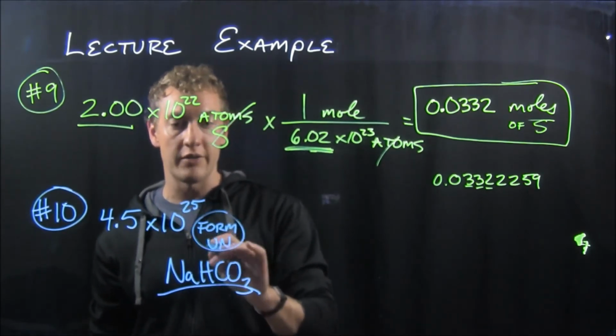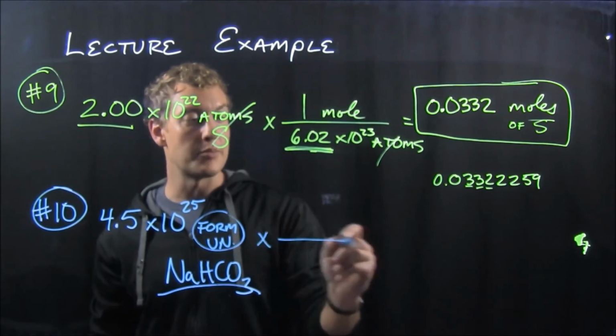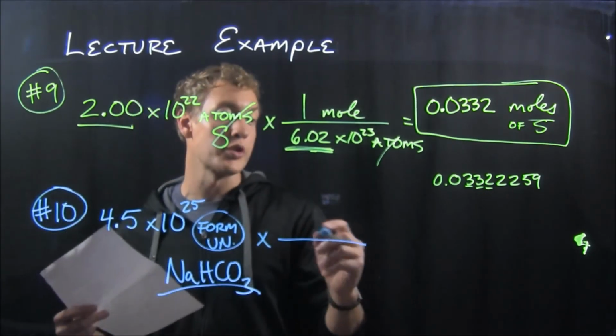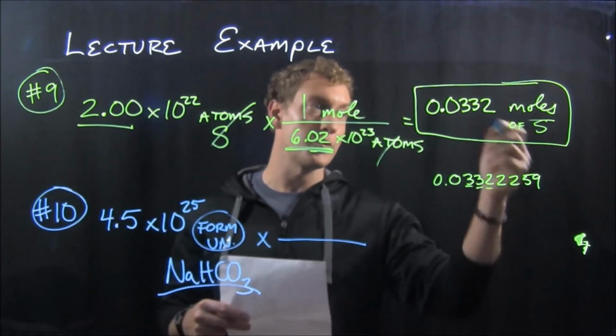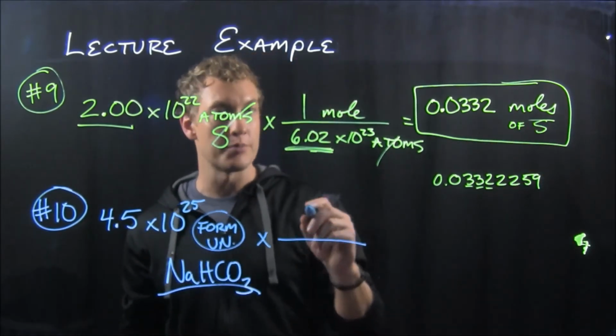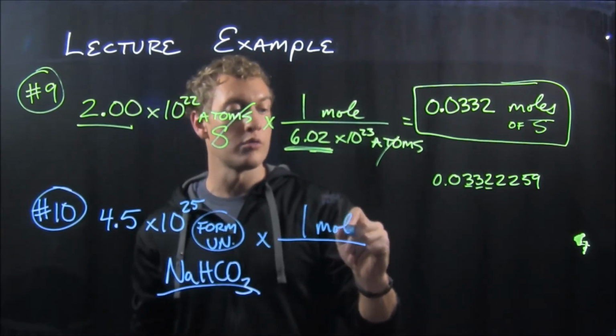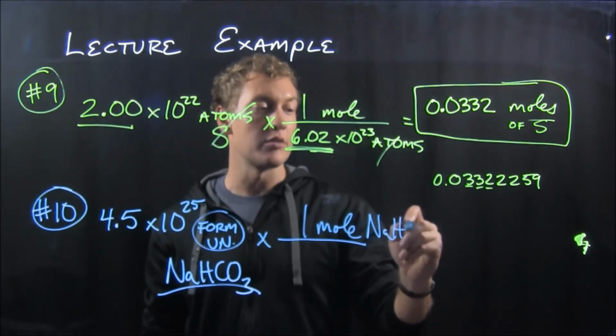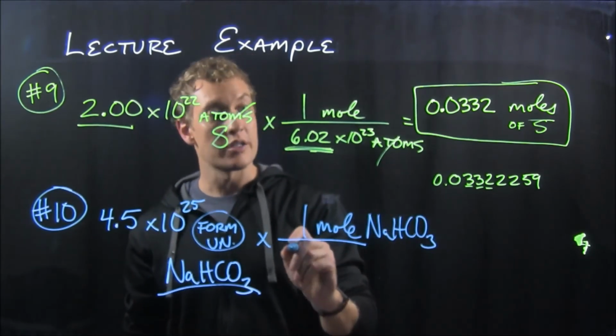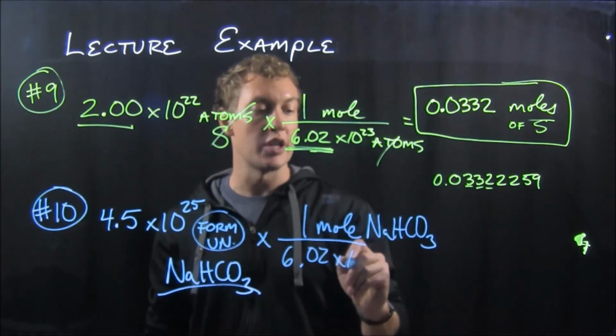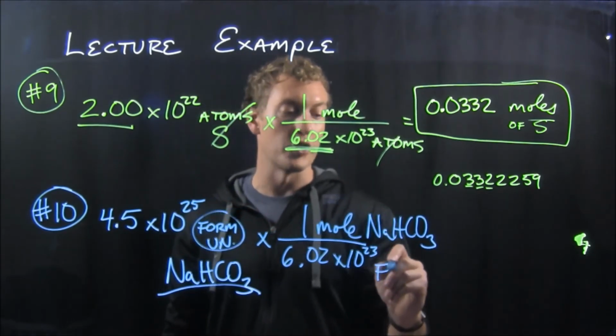So it's going to be 4.5 times 10 to the 25th, times, and it asks us to find moles. So again, we'll be finished when we find the moles value. It's 1 mole of sodium bicarbonate is 6.02 times 10 to the 23rd formula units.